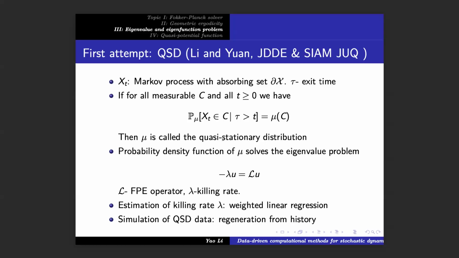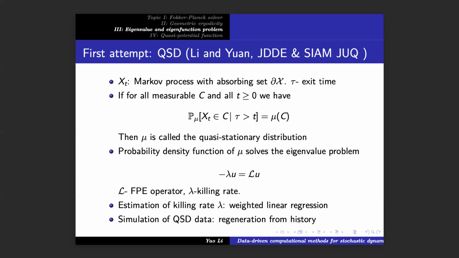This is called the quasi-stationary distribution, meaning that you have a Markov process, but then there is a hole in the phase space such that if you enter this absorbing set, then it's gone. Conditioning on the fact that you haven't exited yet, the conditional distribution is called the quasi-stationary distribution. So the quasi-stationary distribution is the eigenfunction.